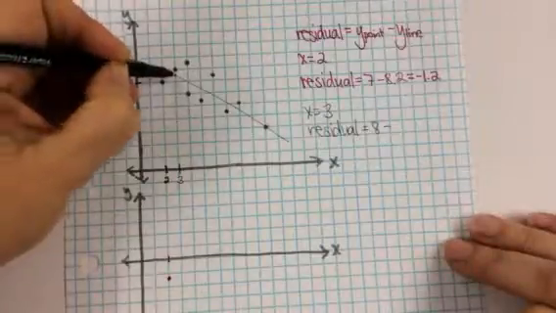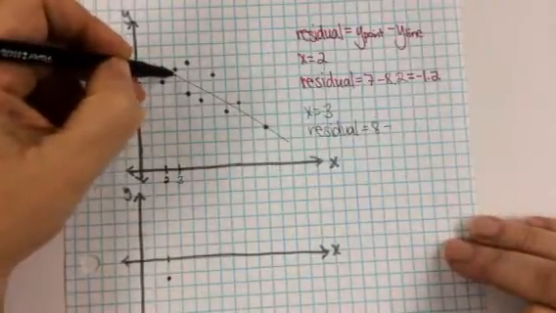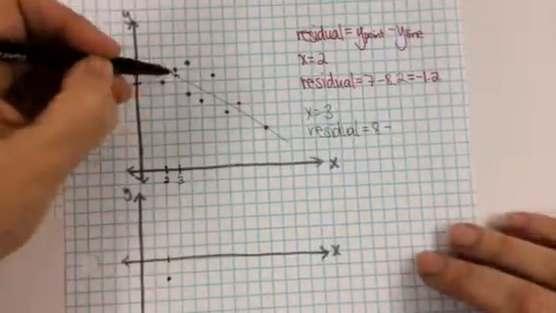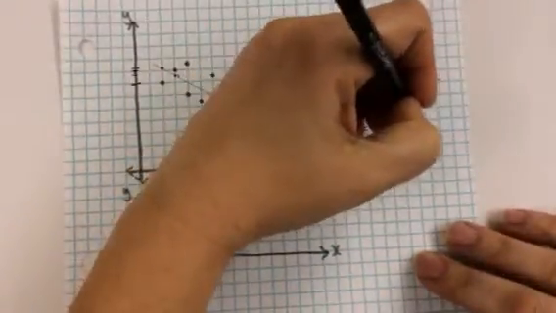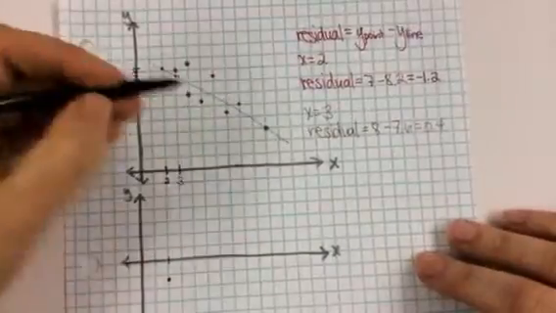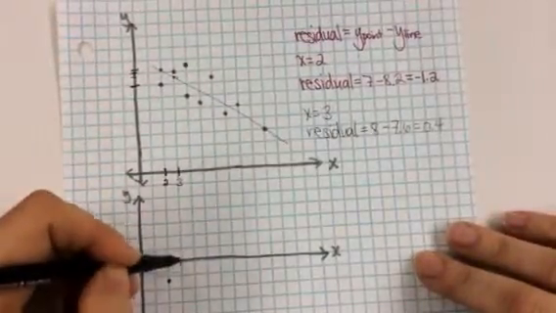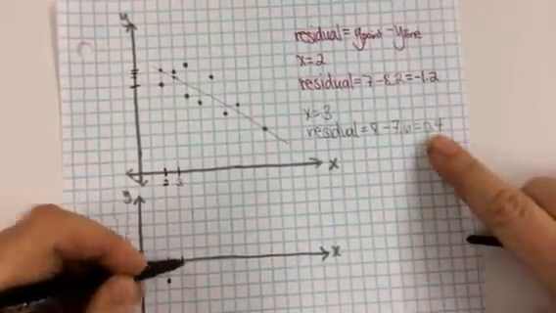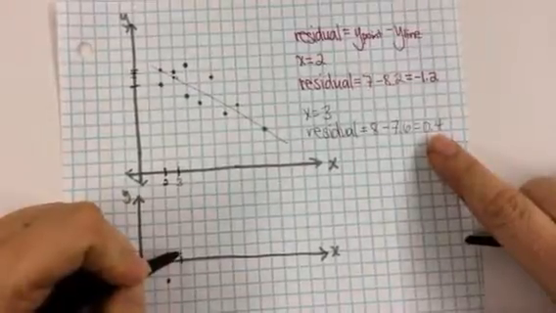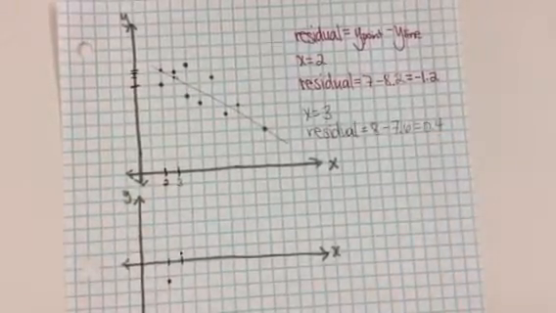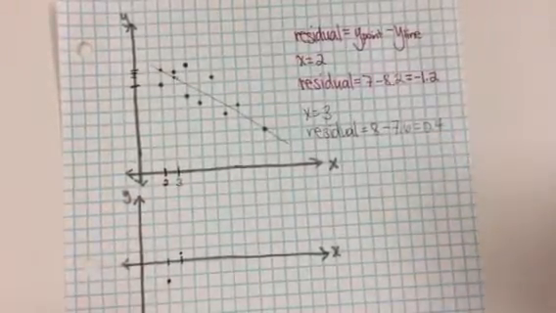What is that, like 7.6 maybe? We're estimating, right? So your answers will not be exactly the same as my answers. So 7.6, and that's 0.4. So for x equals 3, I plot this 0.4. So slightly, well, that's probably higher than 0.4, but you get the idea, right?